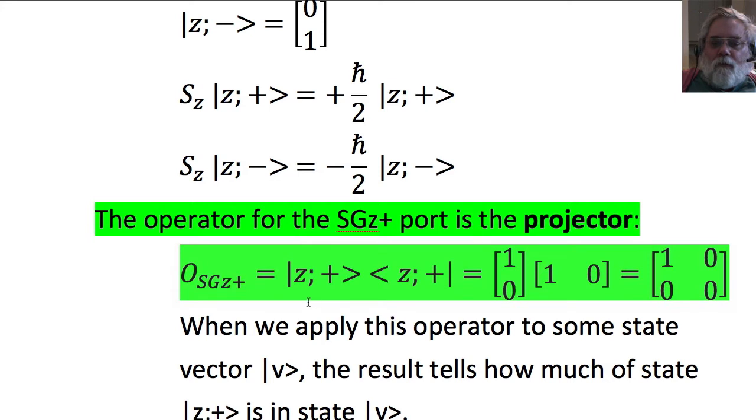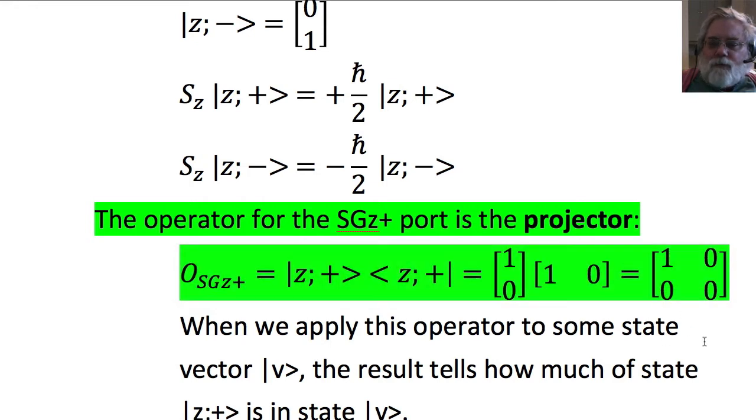Now the ket form of Z plus is the column vector 1, 0. The representation of the bra form Z plus is the row vector 1, 0. This is a column vector times a row vector, a 2 by 1 by 1 by 2 multiplication, and we end up with a 2 by 2 matrix.